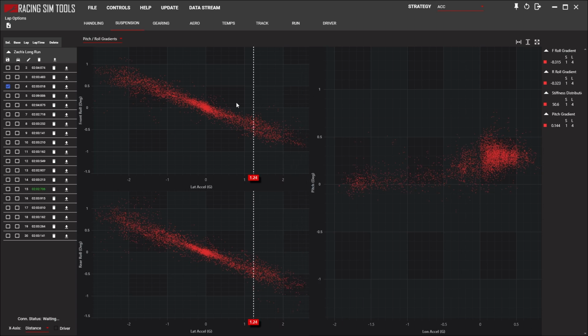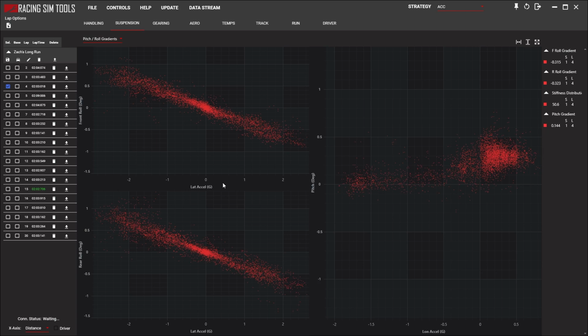So that's an area where roll gradients are very strong, because without that, we would be guessing how much we need to change the ARBs to keep that mid-corner behavior the same if we made a spring adjustment for longitudinal stiffness. Another good way is that the roll gradient is a good representation of the car's response, right? Like I said, a lower roll gradient means the car is more responsive, which means a little bit of steering input might make the car immediately steer, versus a very high roll gradient, which might mean there might be a few milliseconds of delay between the car's response and steering input.